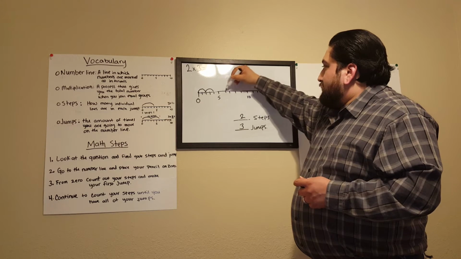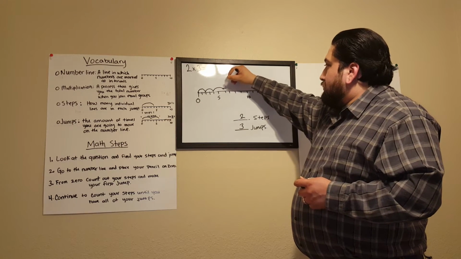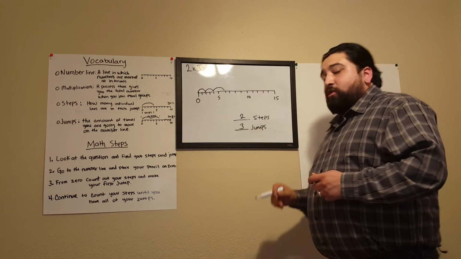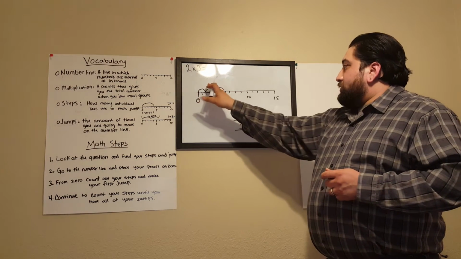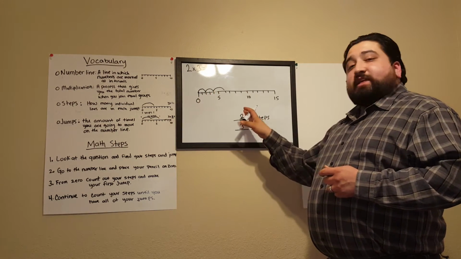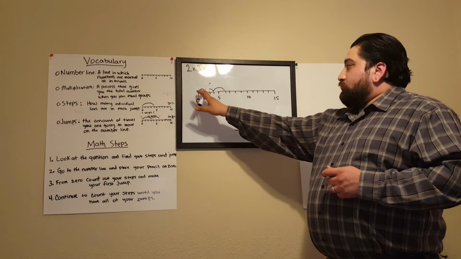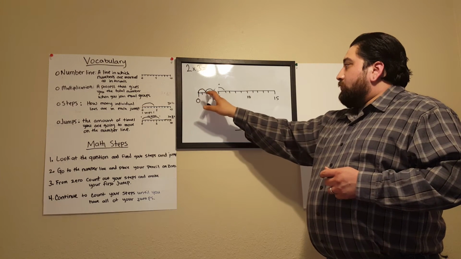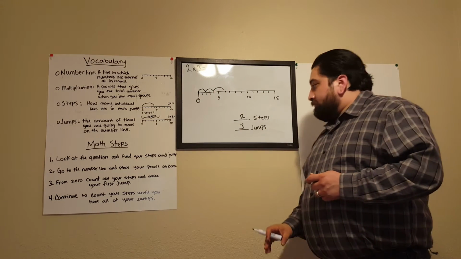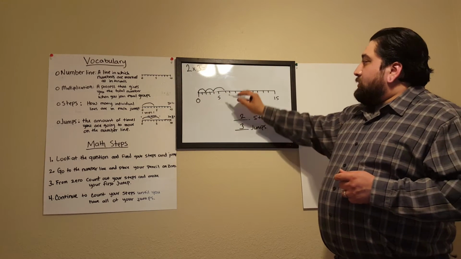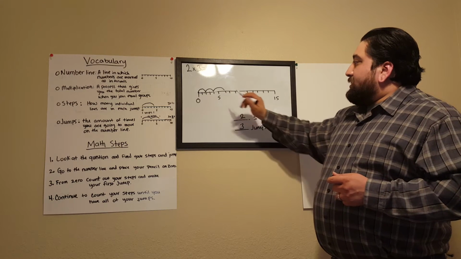And then 1, 2, jump. Okay guys. So now we have 3 jumps, 1, 2, and 3. And each jump has 2 steps in it. 1, 2, jump. 1, 2, jump. 1, 2, jump. From there, the number we land on is 6.